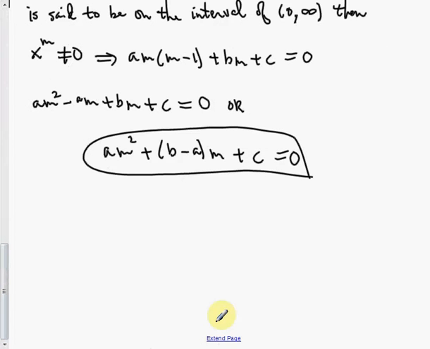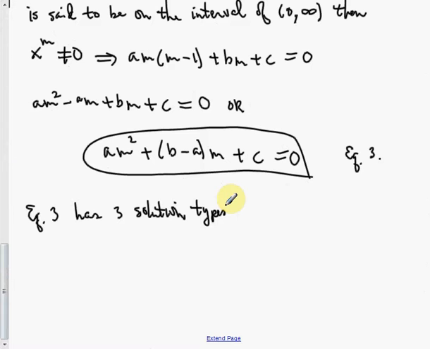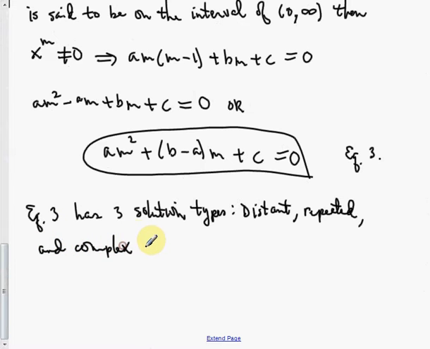So there are 3 solution types to this. Equation 3 has 3 solution types: distinct, repeated, and complex roots for m, right?